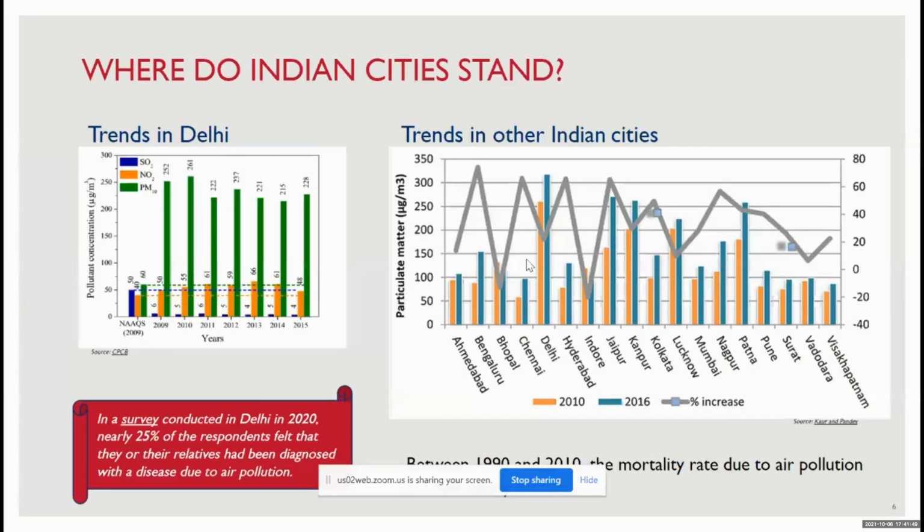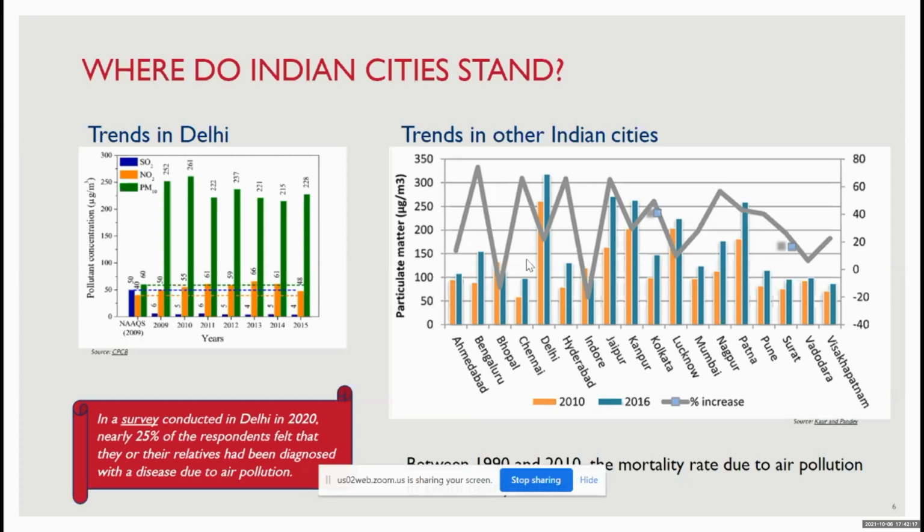And the question we're here for is cities, and how are cities affected by this? We link Delhi to air pollution, but as you can see from these graphs, it is not just Delhi that is affected by it. You see high levels of air pollution in Kanpur, Patna, and Indore is in here as well.